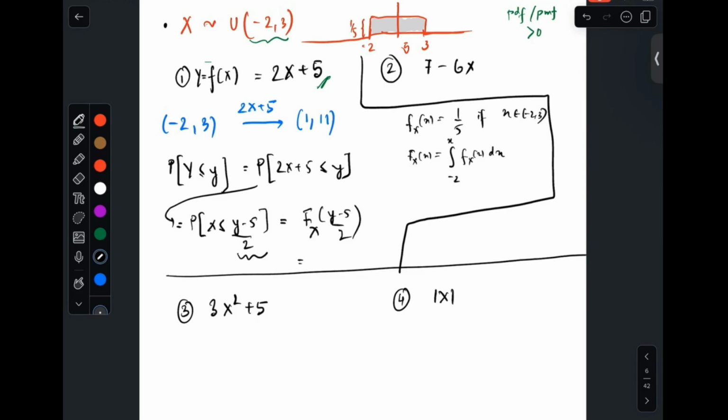Because its support is minus 2 to 3, so it's essentially (x plus 2) by 5 if x is between minus 2 and 3. It's 0 if x is less than minus 2, and 1 if x is greater than 3. But we are only interested in this CDF in the minus 2 to 3 region, right?